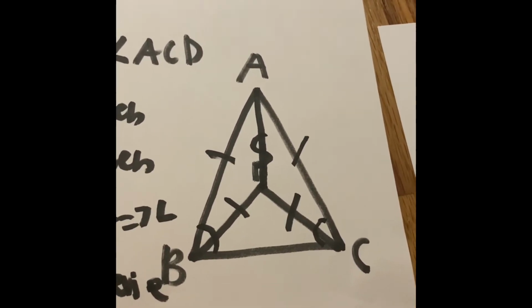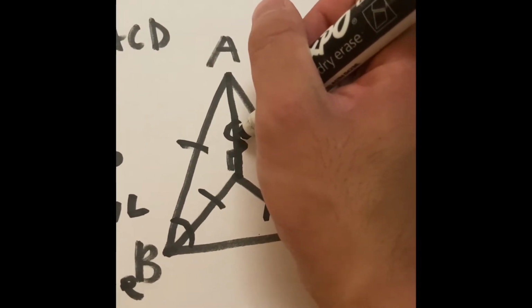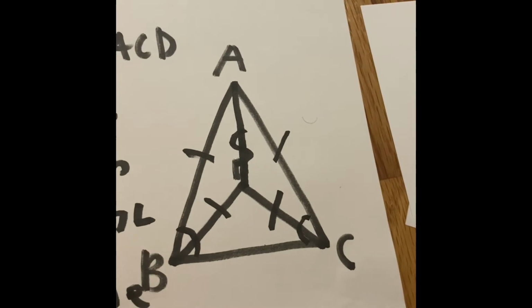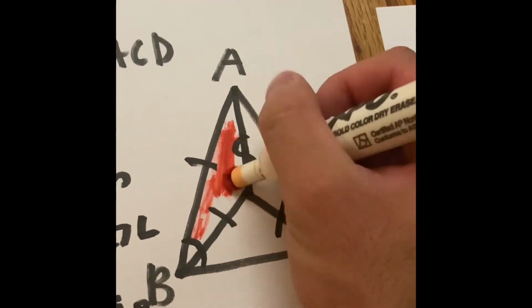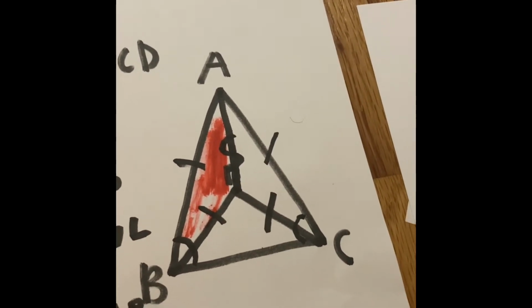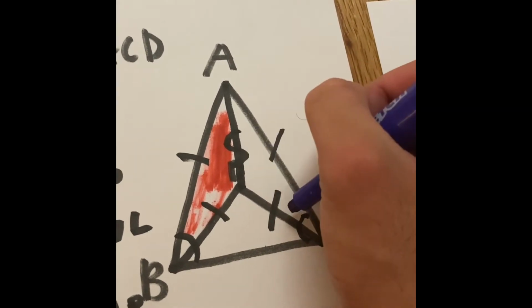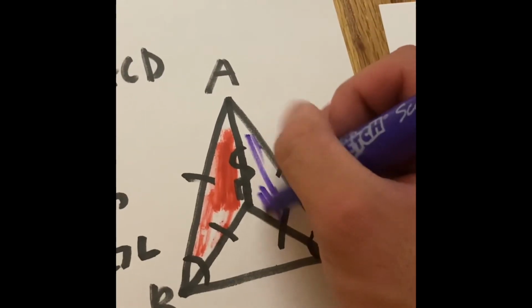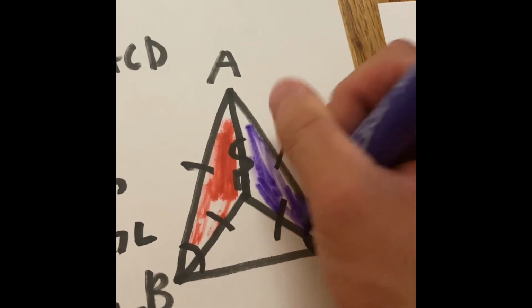We have a segment, a segment, a segment, which we'll color in red. Now let's try purple. We also have a segment, a segment, a segment. I'll color that in purple because we used green in the last video.